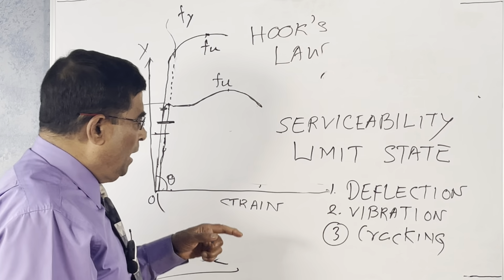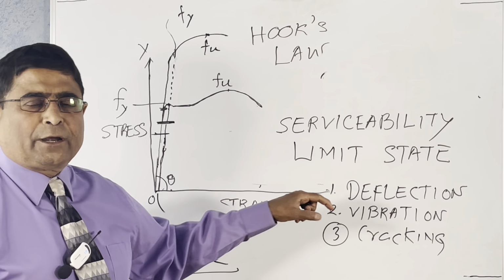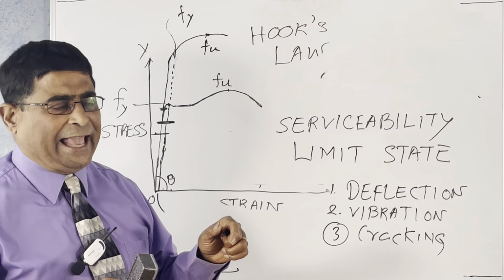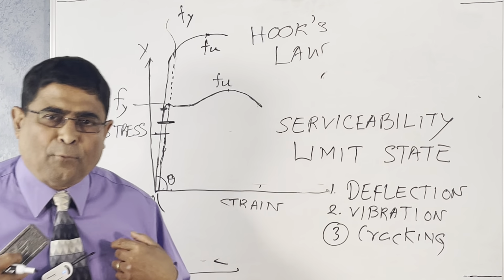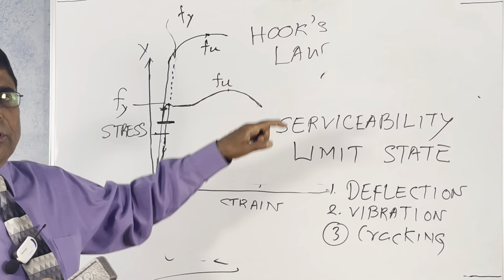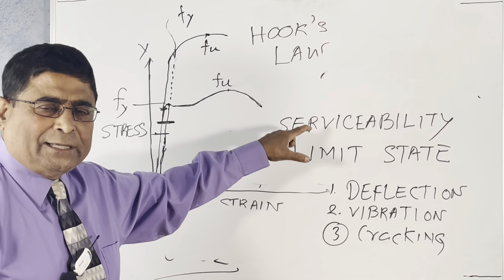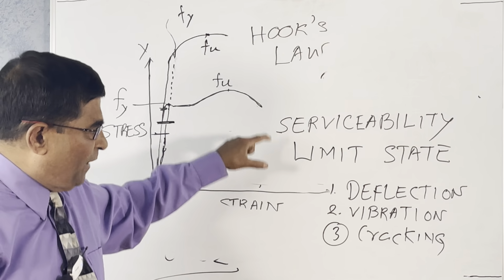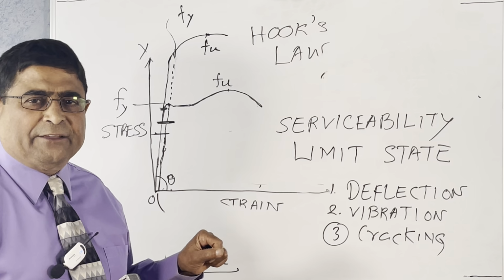So that is why we always go for a smaller deflection. I have seen in my own experience that the structure is safe stress-wise, strength-wise it is safe, but deflection-wise it is not safe.